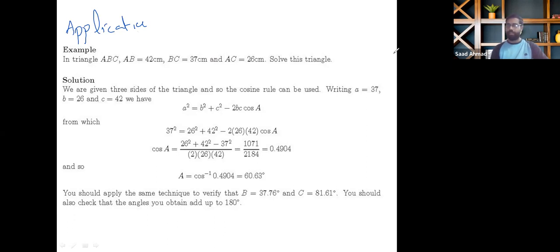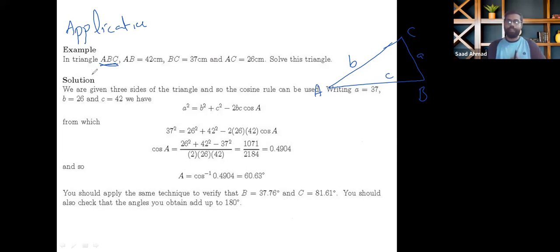So what we have here is a triangle ABC. Now what's given?